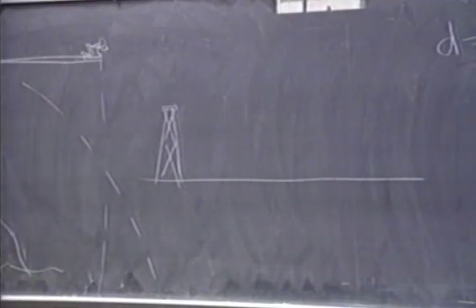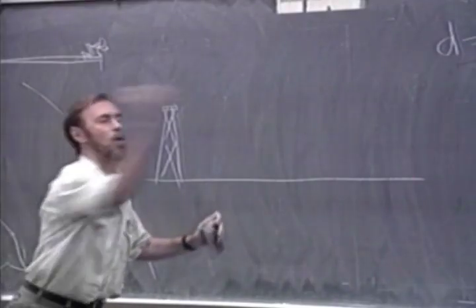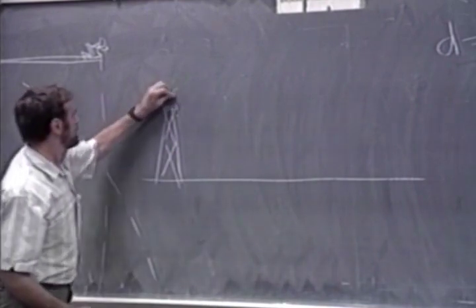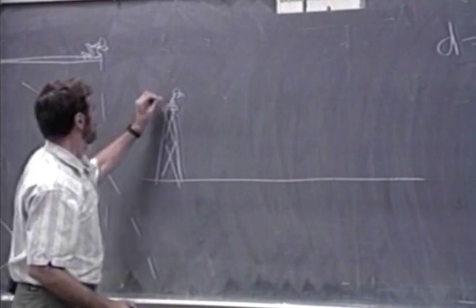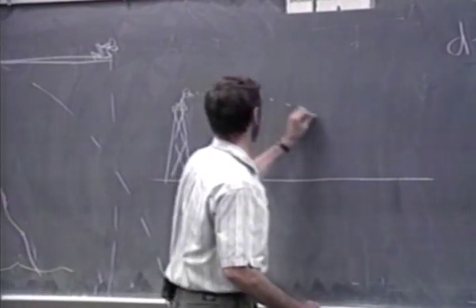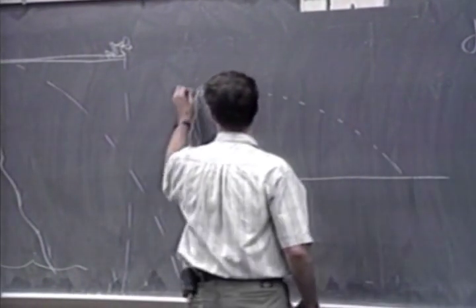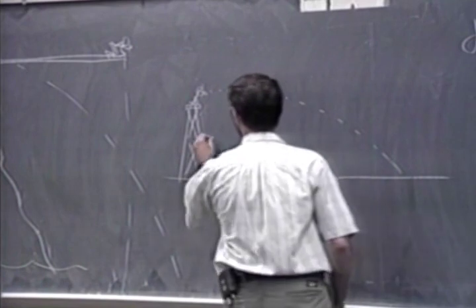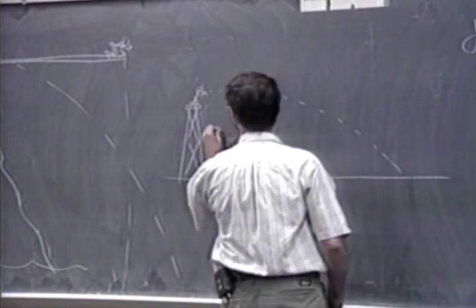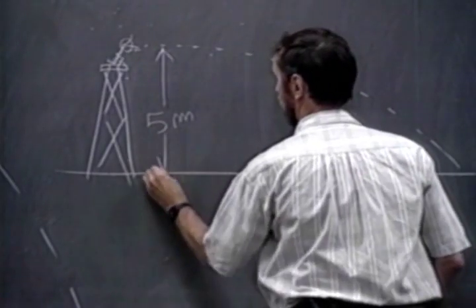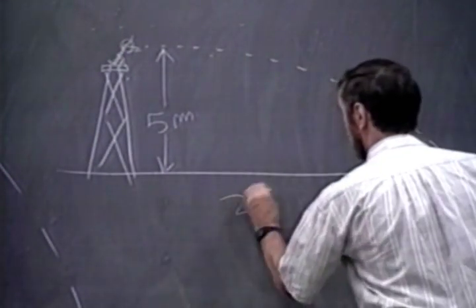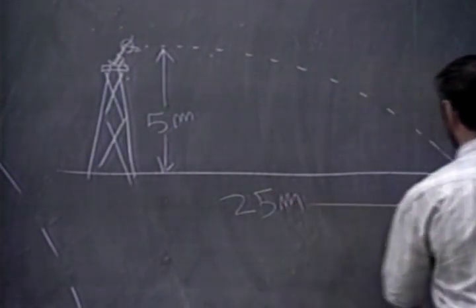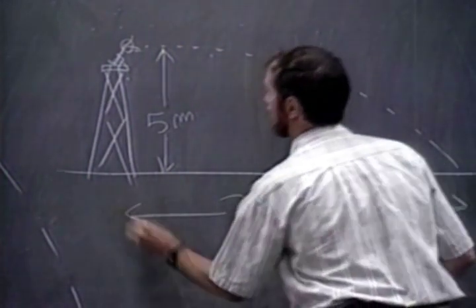A baseball pitcher at the top of a tower throws a rock straight out. And it turns out the tower is 5 meters tall. And it turns out the rock, thrown as fast as the baseball pitcher can throw it, goes 25 meters downrange.